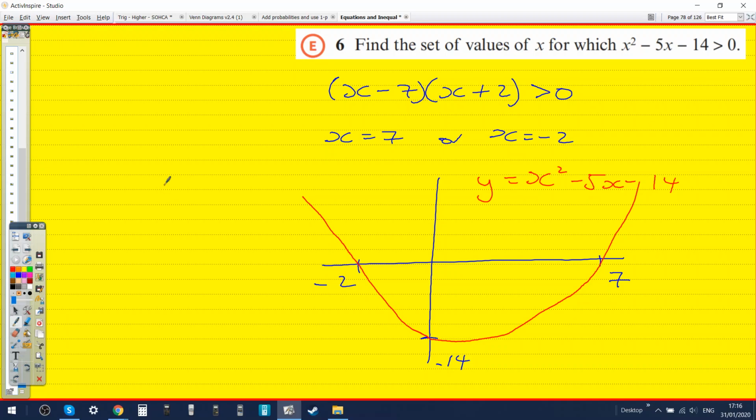And so x, so -2 is larger than x, which is smaller than 0, smaller than 7, sorry. So we want where this expression is greater than 0.